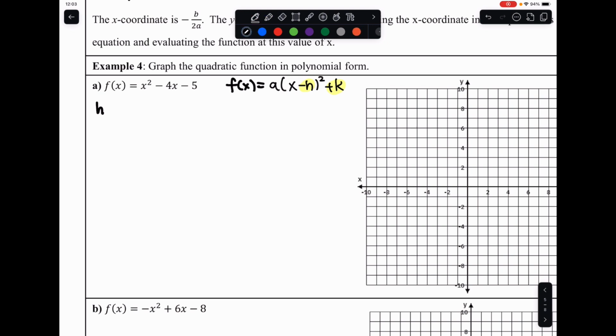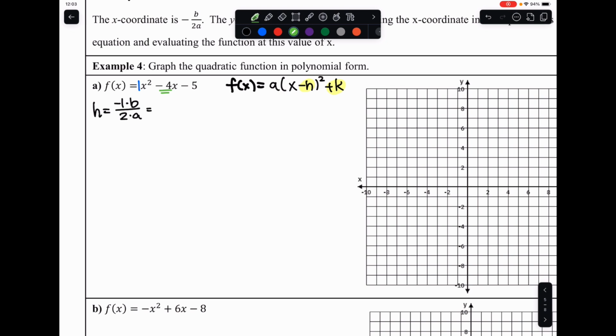So how do we do this? Well, the formula to find the value of h is to simply get -1 multiplied with the value of b and divided by 2 times the value of a. In this example, since it's in polynomial form, a would be this number here at the beginning, and b would be this number of -4.